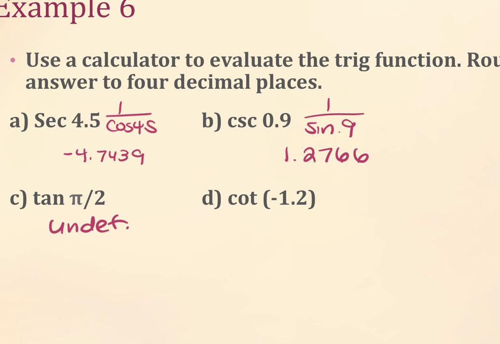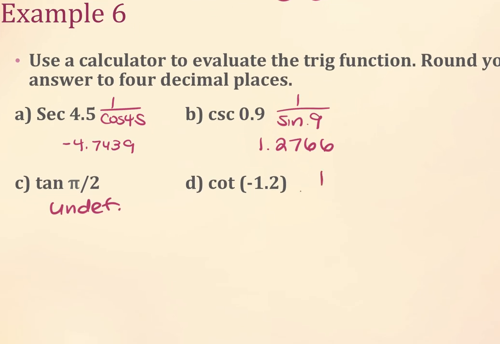And then cotangent of negative 1.2 is 1 over tangent of negative 1.2. And I get negative 0.3888. Questions?